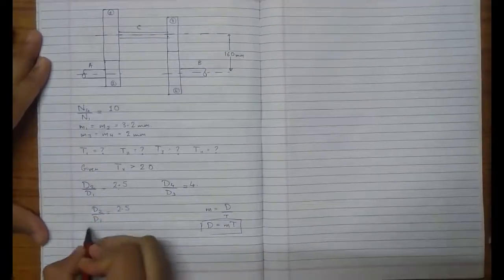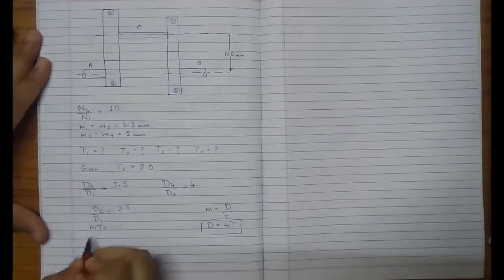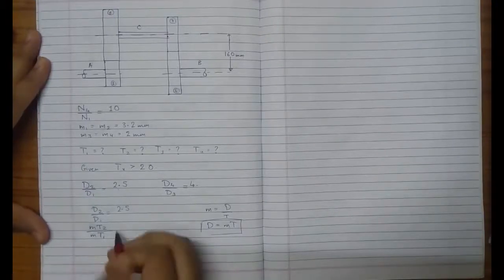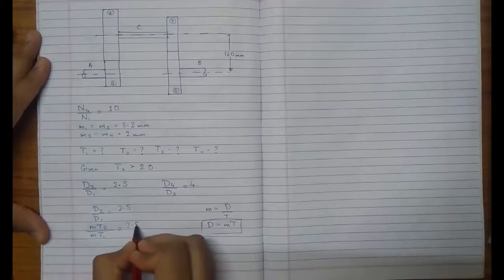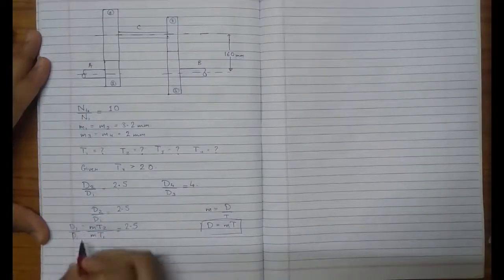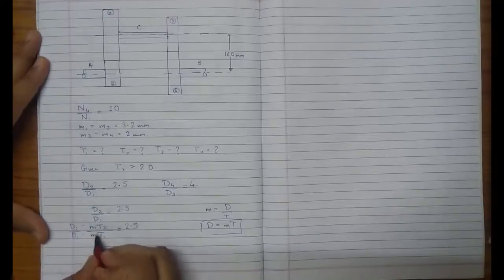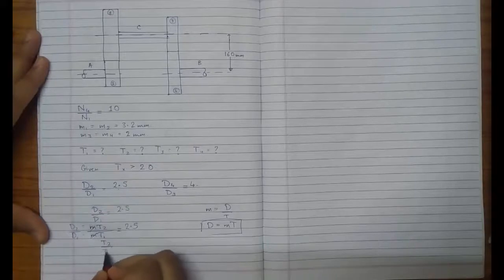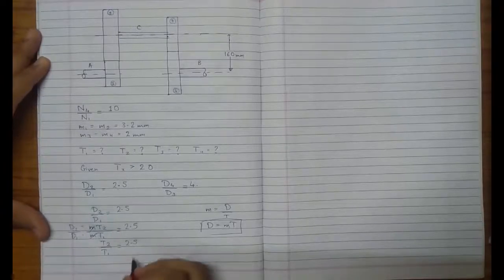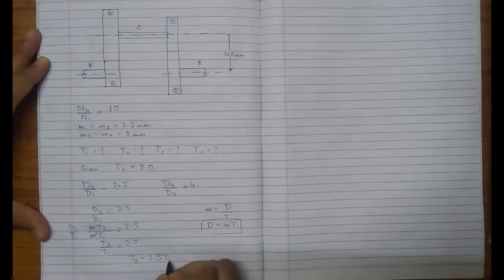Modulus into number of teeth on 2 upon modulus into number of teeth of 1 is equal to 2.5. Why? Because d2 is equal to this and d1 is equal to this. Modulus will get cancelled out. What do we get? T2 upon T1 is equal to 2.5. This is the relationship that we got. So T2 is equal to 2.5 times T1.